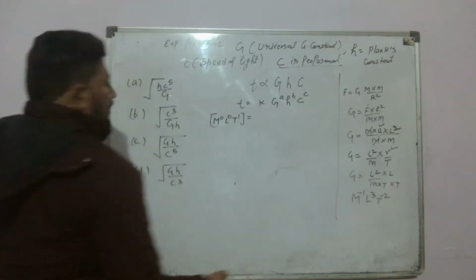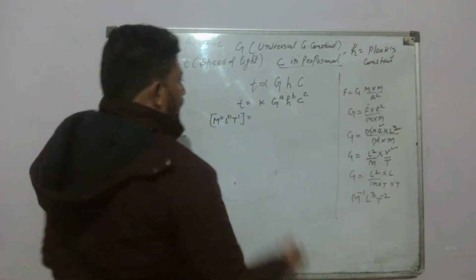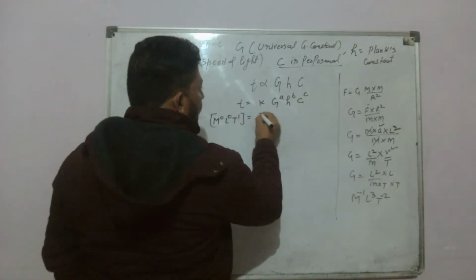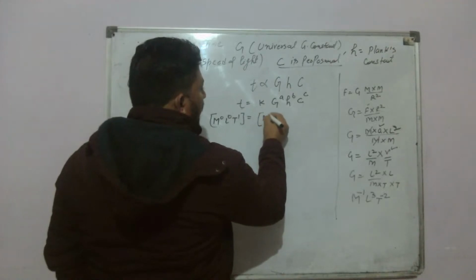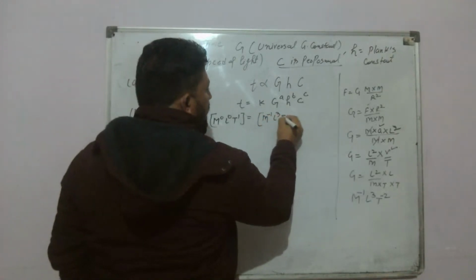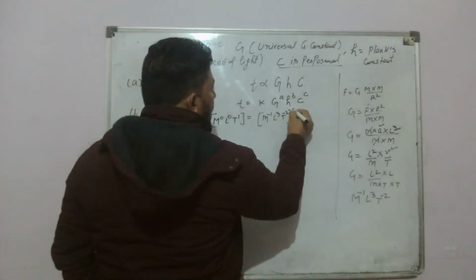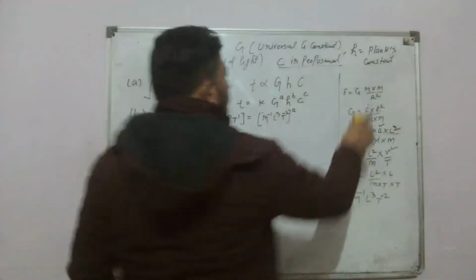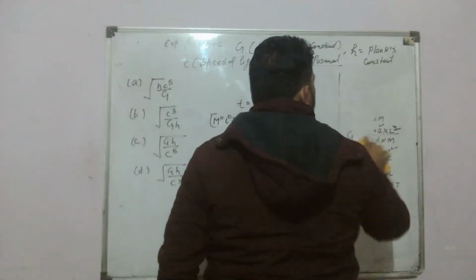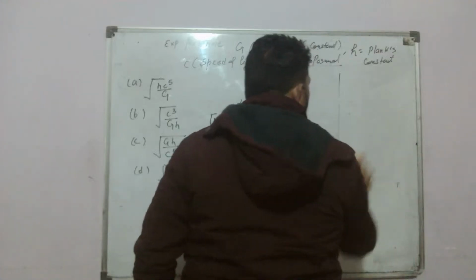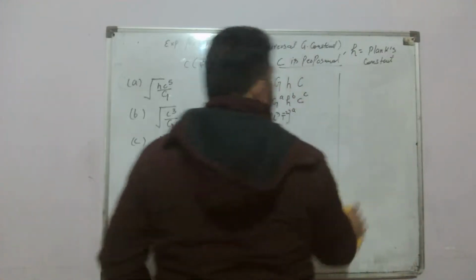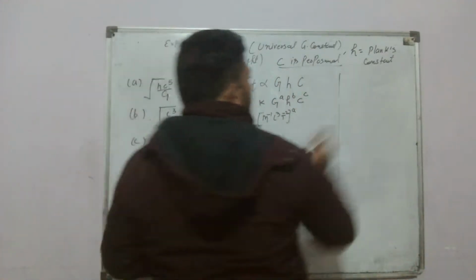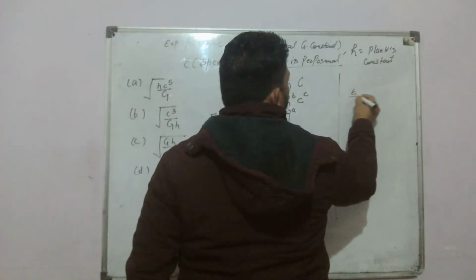Now write the formula of G, M minus 1 L3 T raised to power minus 2, raised to power a. Now solve the formula of h, Planck's constant, which is energy upon frequency.